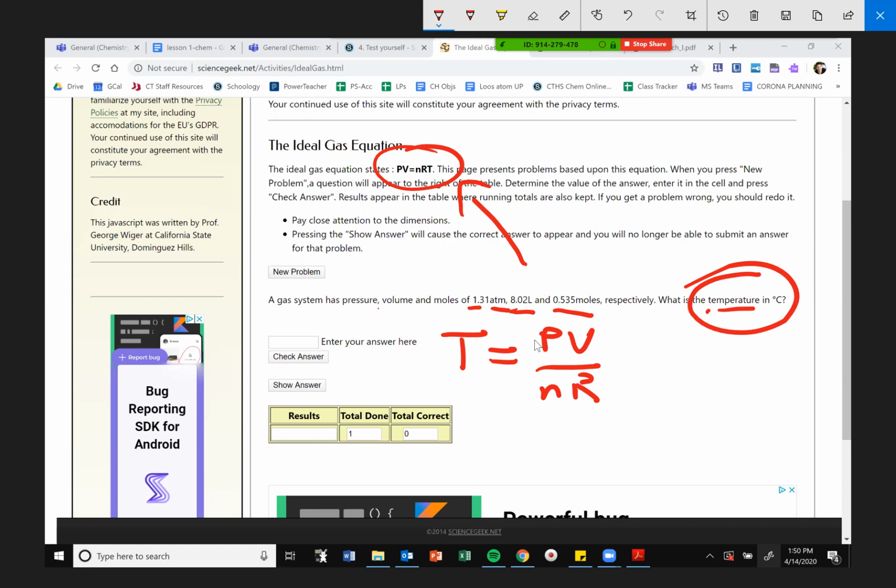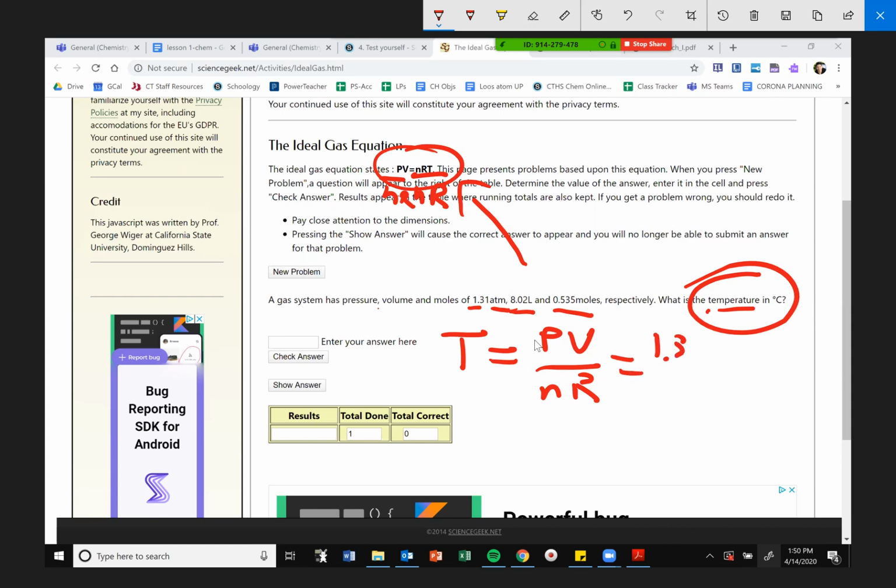I can use the PV equals nRT equation, and I want temperature, so I can rearrange it to have T equals PV divided by nR. I did that by dividing both sides by nR. Now that I have my equation in the right format, all I have to do is plug in.